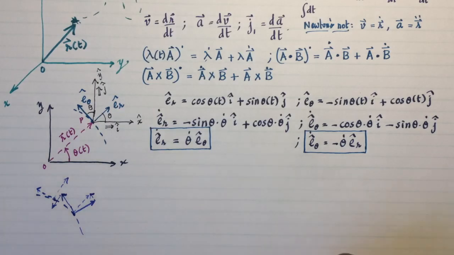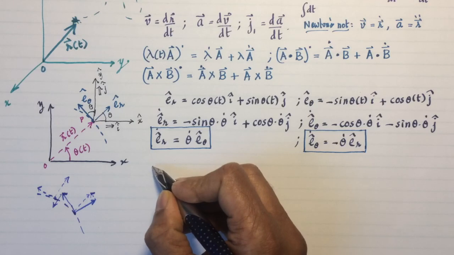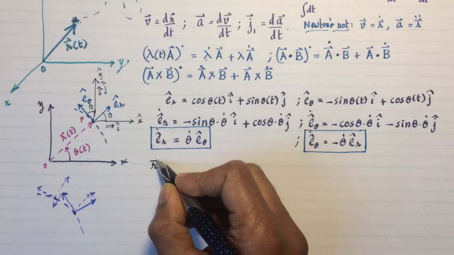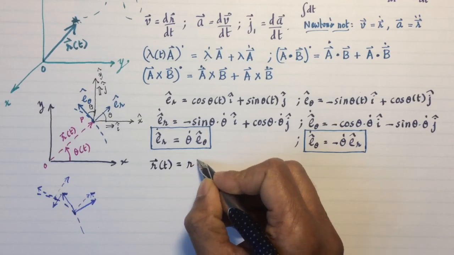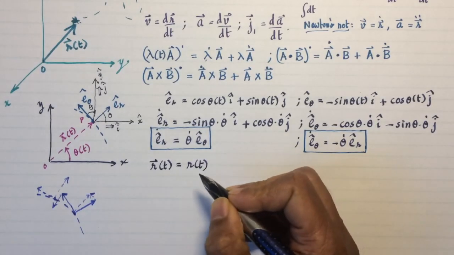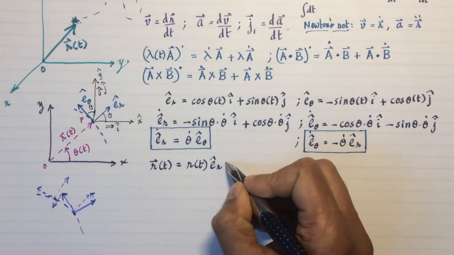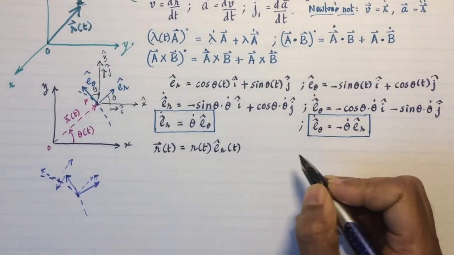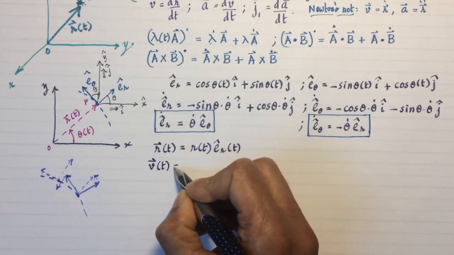statement. Now, once you have this, you can find out anything you want. For example, the position vector r of t can be written as r of t, without any vector sign, times e_r, as a function of time. Now, if I want to find the velocity vector, all I would have to do is take dr by dt.